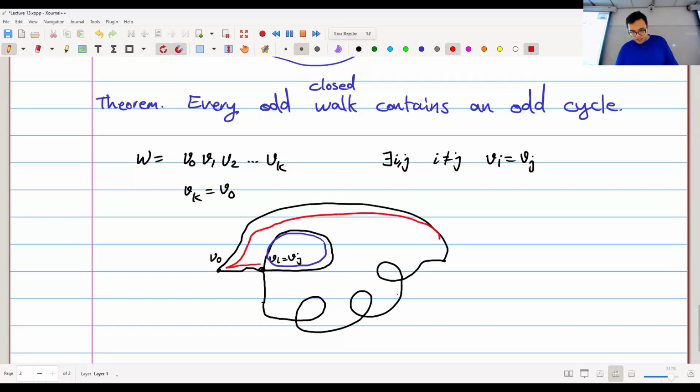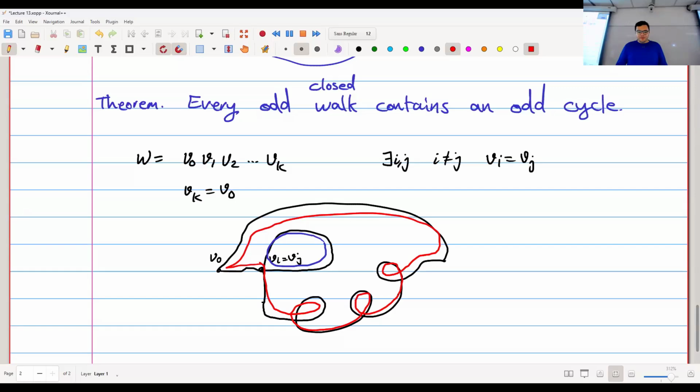One is that, one is this part. So I have the blue part and I have the red part. But the total number of edges was odd. So either the blue part is odd or the red part is odd.